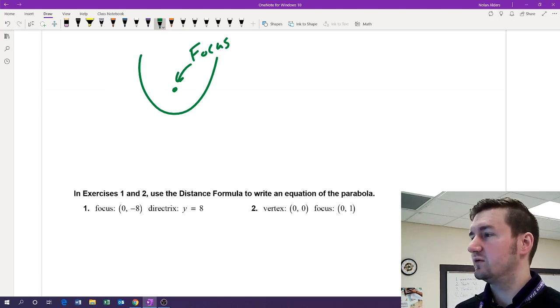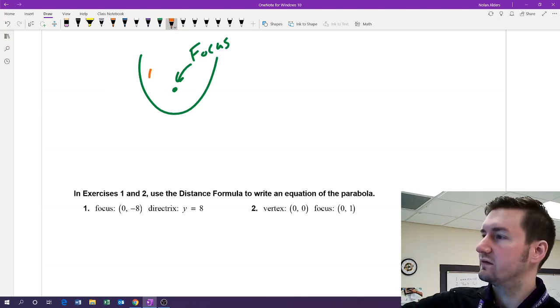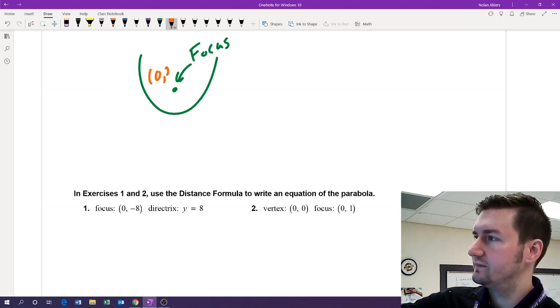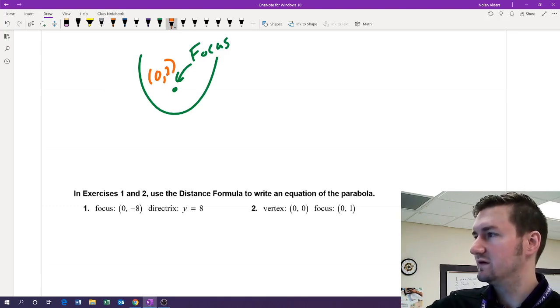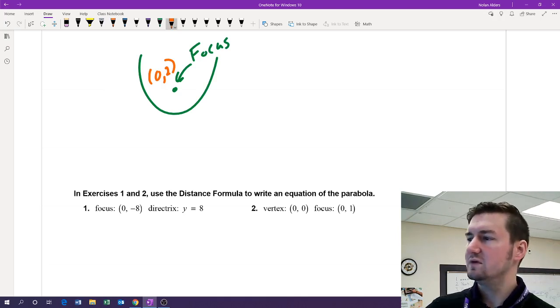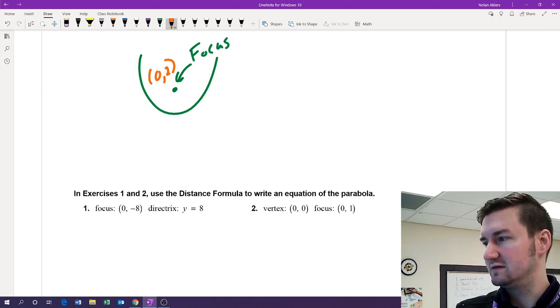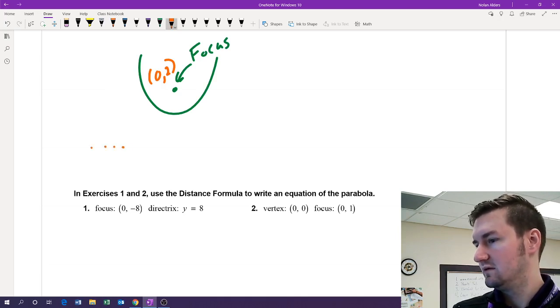So, for example, we could say this point is, let's say it's (0, 2). I'll write that in there, (0, 2). And then equally far away from the vertex, we're going to have a line down here.